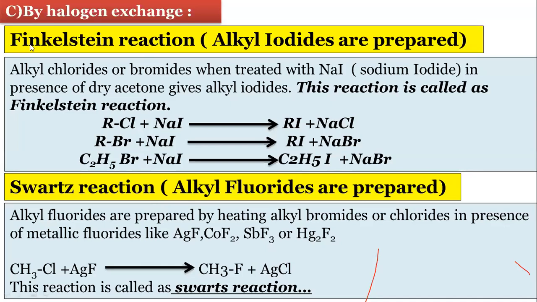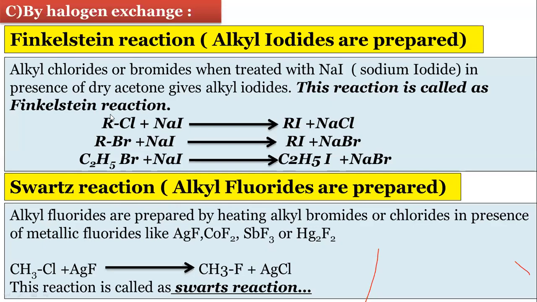It gives iodides, and in Swarts reaction we get fluorides. If the reaction starts from F, Finkelstein, the product is not fluoride. I think this hint will be sufficient for you. Finkelstein never gives fluorides; it gives alkyl iodides.